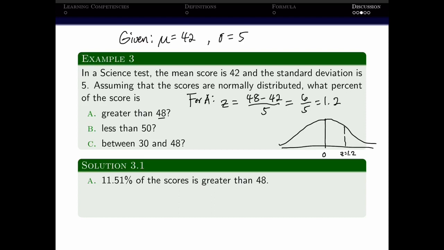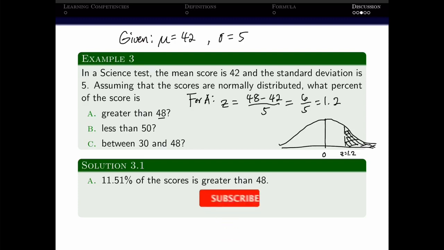The question is, what percent of the scores is greater than 48? Since we already converted 48 into the z-score, or the z-value, we now have to solve for the area above z equals 1.2. So this is the area that we want to solve.